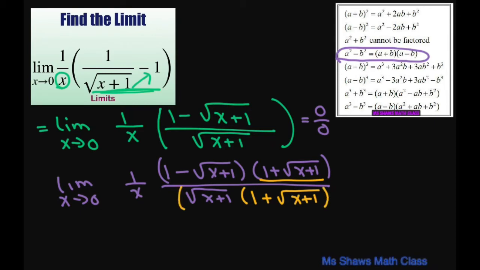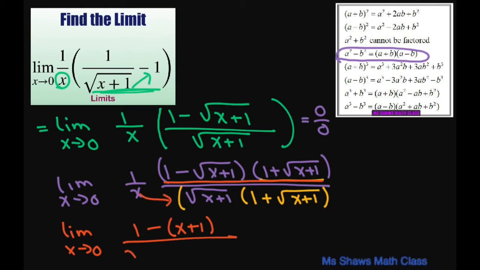For our numerator, we're going to have the limit as x approaches 0, and this is going to be 1 minus our b part, which is x plus 1. And in the denominator, I'm just going to put this x here, x times the square root of x plus 1 times 1 plus square root of x plus 1.